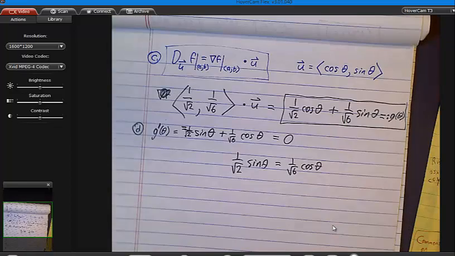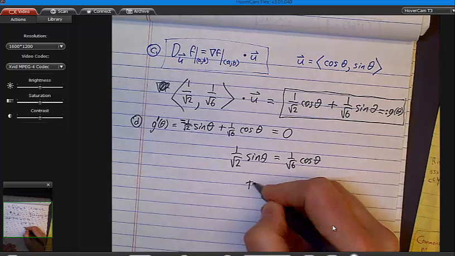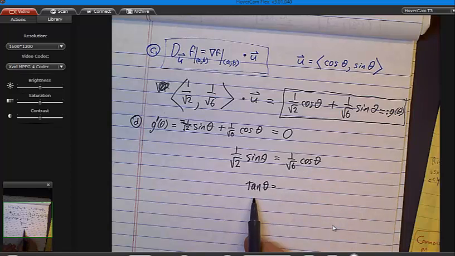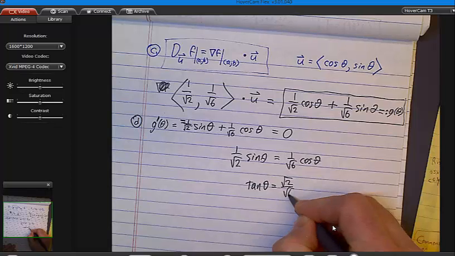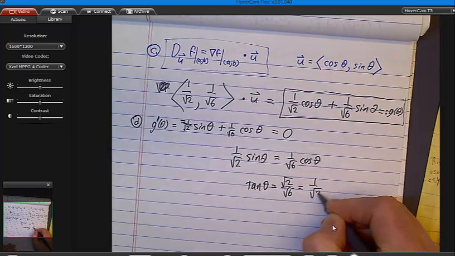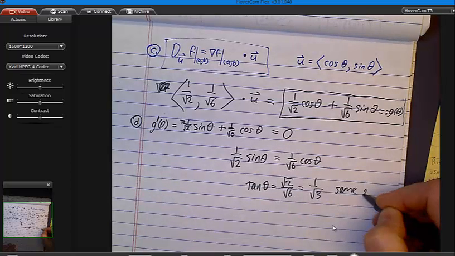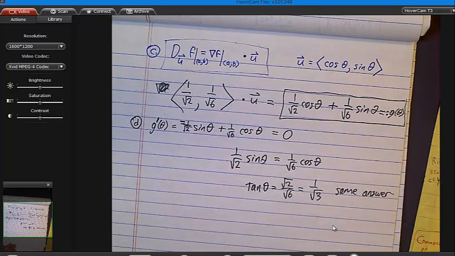So sine theta over cosine theta is tangent theta, after I divide both sides by cosine and multiply both sides, equals, hey, I think I just saw this equation, 1 over the square root of 3. Yep, same answer. That's kind of nice. It shows you that our gradient equation worked. Back when Matthew said, hey, shortcut, tangent theta. Well, he's right, but here's why. But thank you for that.